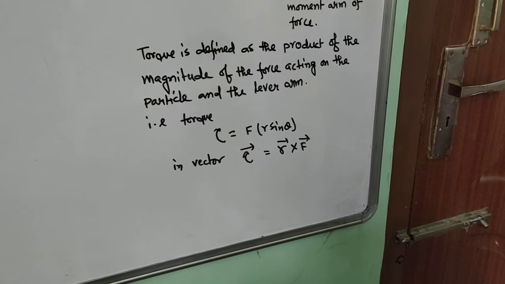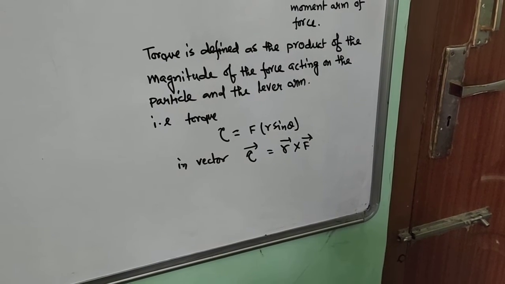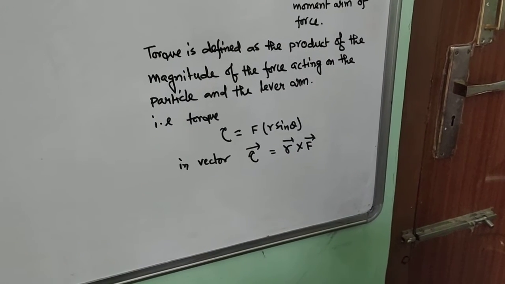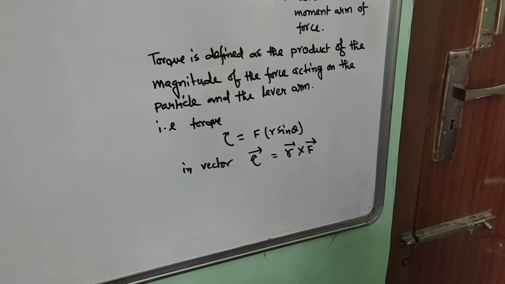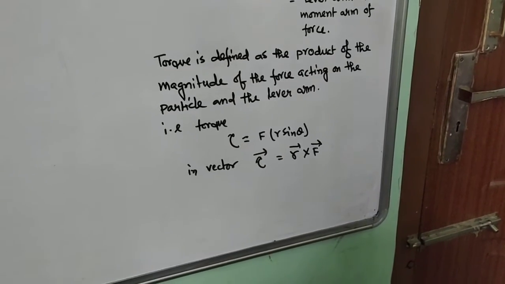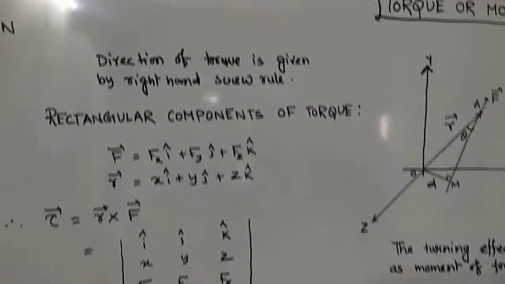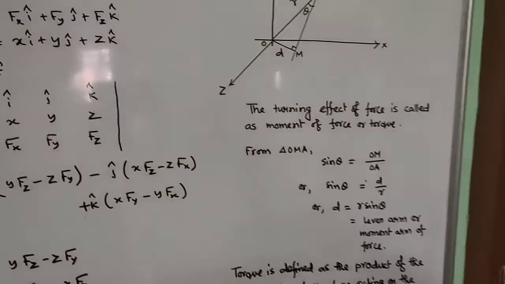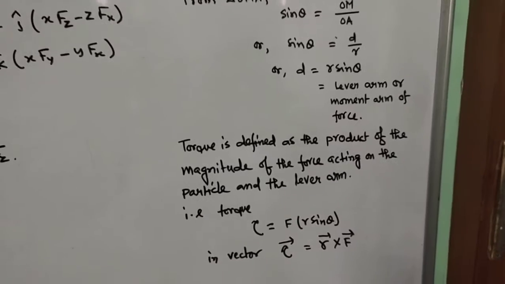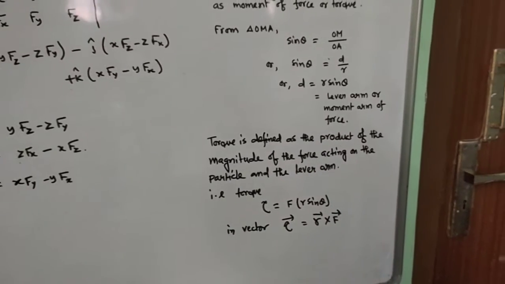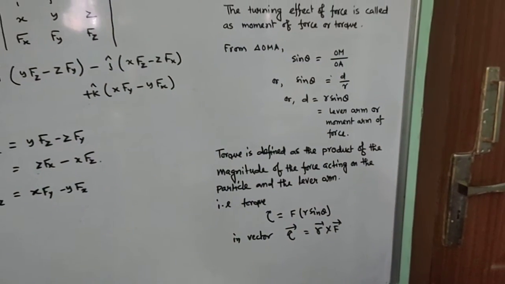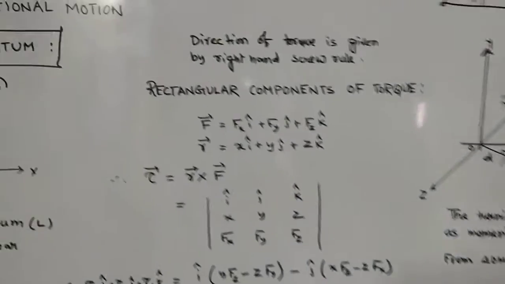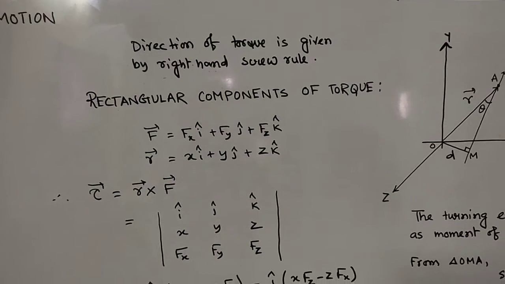So F r sin theta, in vector product form you can write tau vector equals r vector cross F vector. You can define the direction of torque by using the right hand screw rule. The right hand screw rule, I think all of you know, is used to define the direction of a vector product.